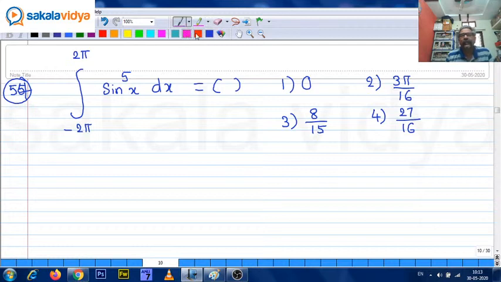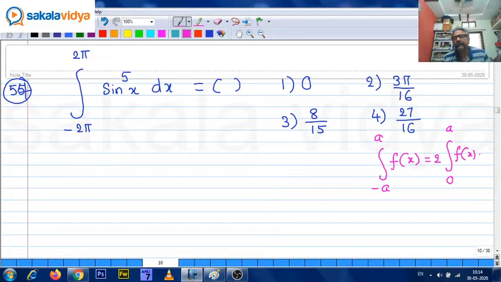You have the condition integral from minus a to a of f of x dx equals 2 times integral from 0 to a of f of x dx if f is even, and for example 0 if f is odd. So we need to check this now.